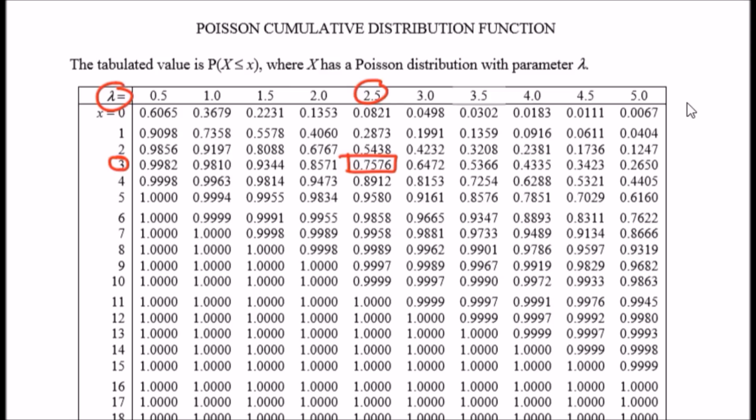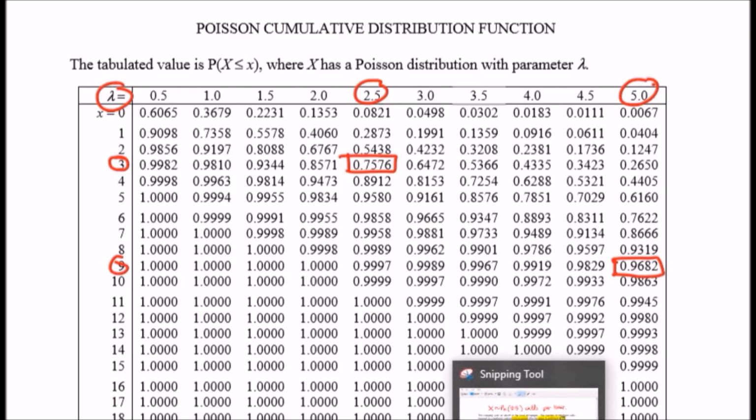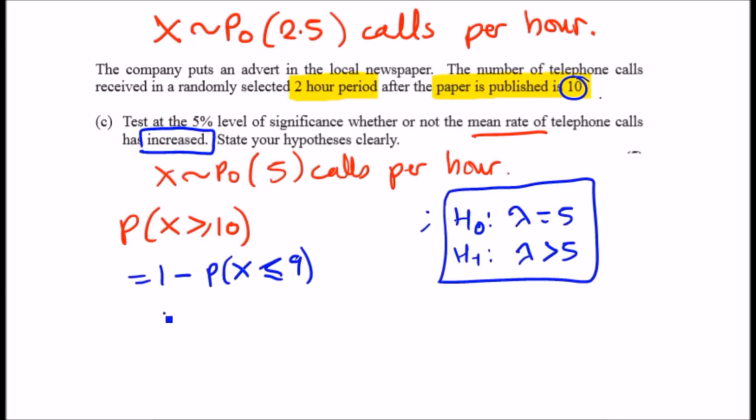So lambda is 5 over here, perfect, and we're looking for x equals 9. Oof, it's quite close, isn't it? Alright, so this is what they got. So it'll be 0.9682. That's what the probability x less than or equal to 9 equals. So it'll be 1 minus 0.9682.